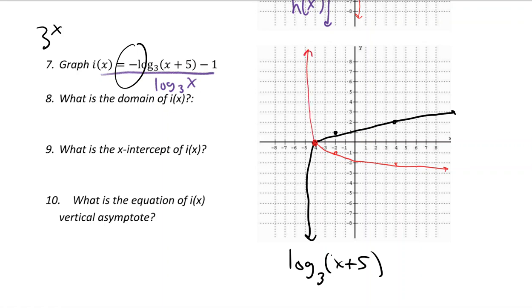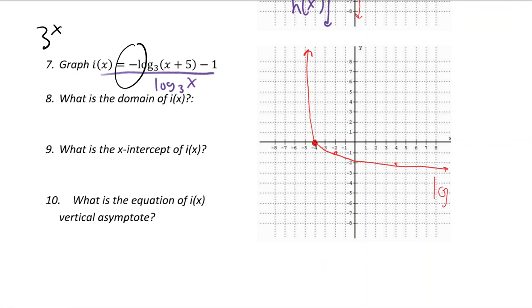Okay, looks like I flipped it over the x-axis okay, so I'm going to erase my previous step. This now represents log base 3 of x, but I shifted it left 5 and I've reflected it over the x-axis.